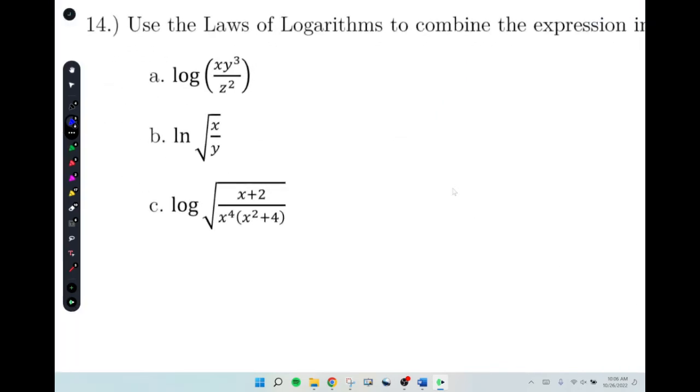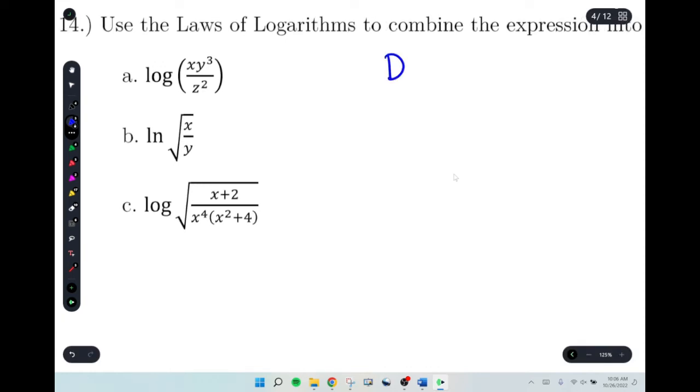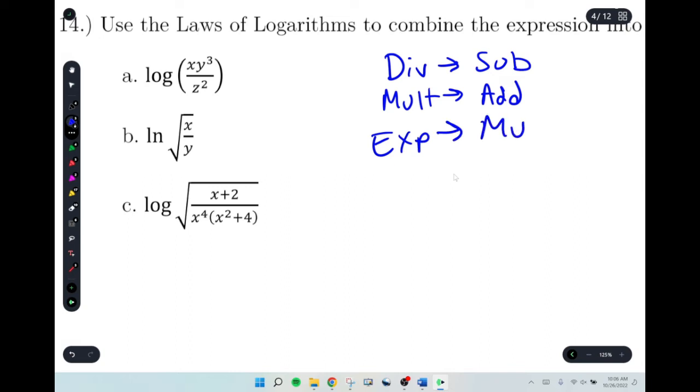Here we go. What are some of the laws? Division turns into multiplication turns into exponentiation turns into multiplication out front, right? Like that. Those are the only 3 laws?